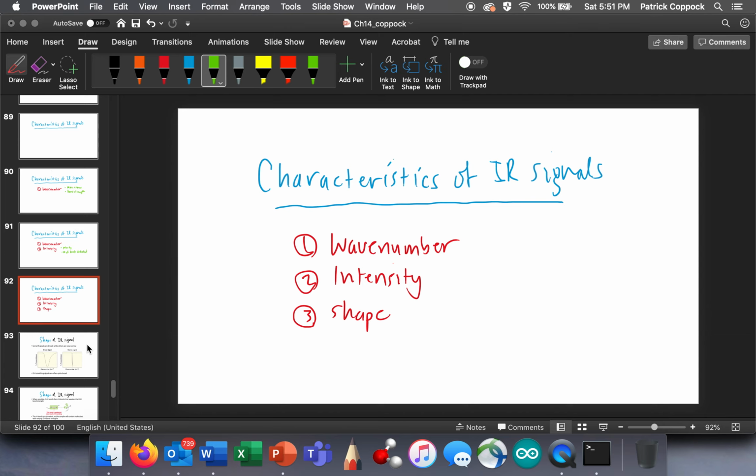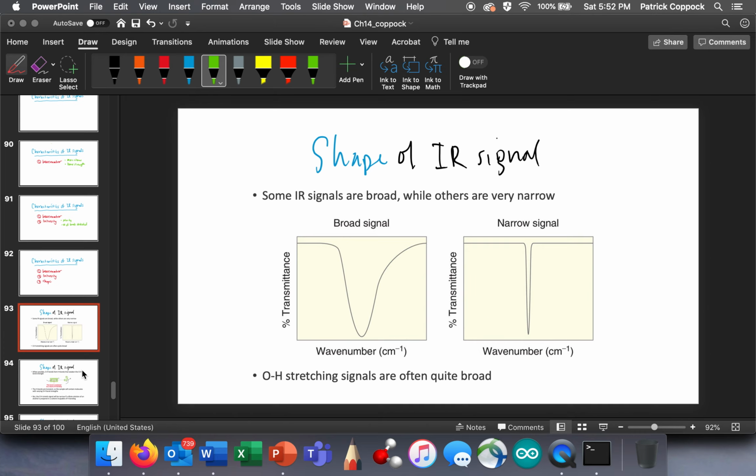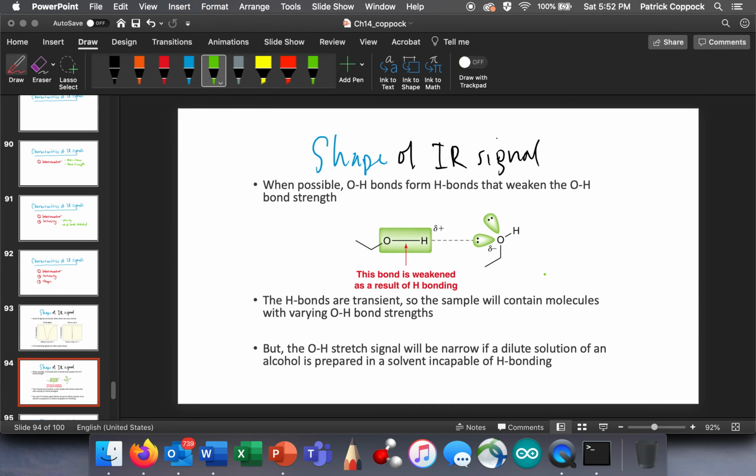Now, remember, by shape we mean that some peaks are really broad and some are not so broad. So the question is, why, for example, would the OH stretching be so broad? Well, the reason it's broad is because there are transient hydrogen bonds happening in alcohol solutions. I should say it's very common, but they're transient, very short-lived.